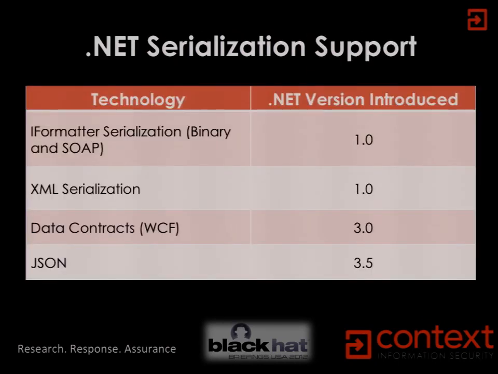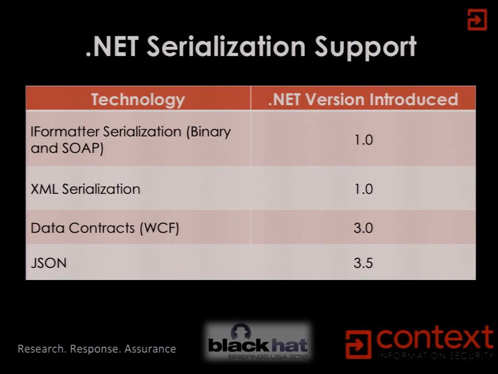Now, .NET being quite a big framework has a number of different serialization mechanisms built into the framework. First and foremost is the IFormatter serializers, so binary and SOAP, and they've been around since the very first version of .NET. Also included in version 1 was the XML serialization mechanism.